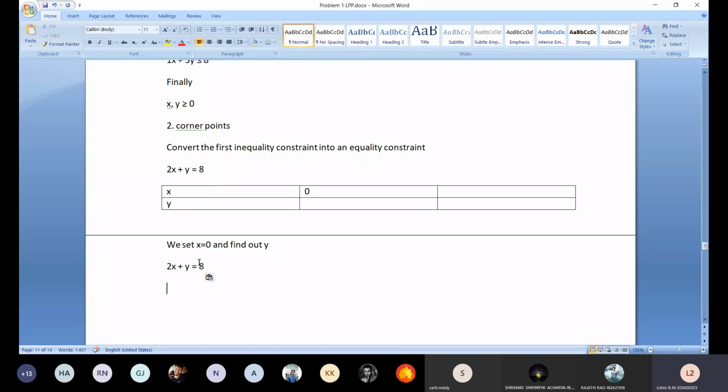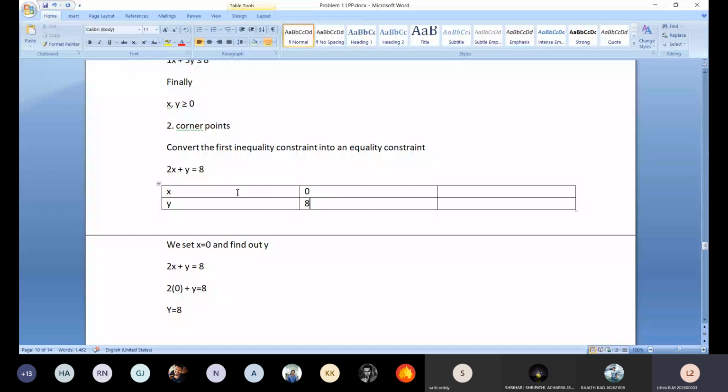I have kept x as 0, so 2 into 0 plus y equals to 8. 2 into 0 is 0, so y equals to 8. When I keep x as 0, the value of y would be 8.